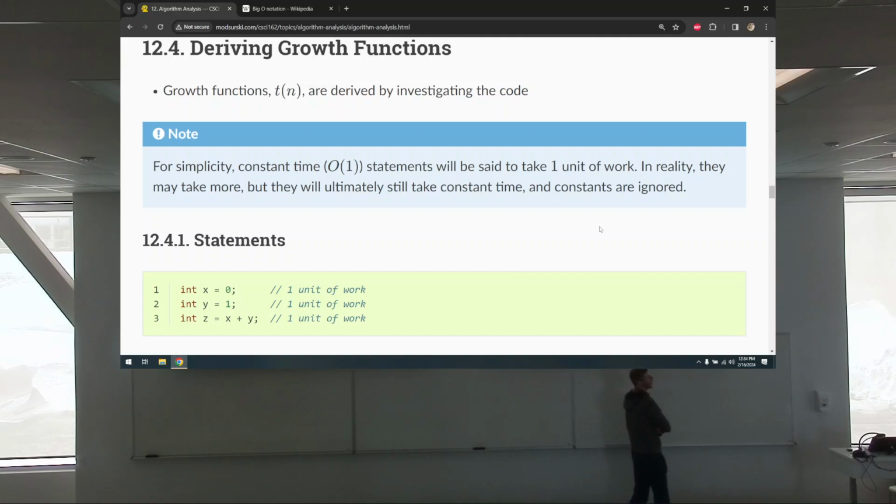Whenever you have statements like x equals 0, y equals 1, z equals x plus y, each of those things might take a different amount of actual work for the CPU. The point is, each of those things takes constant time.